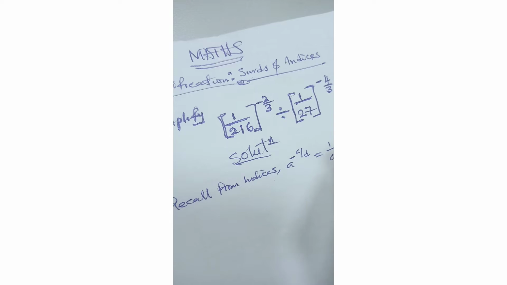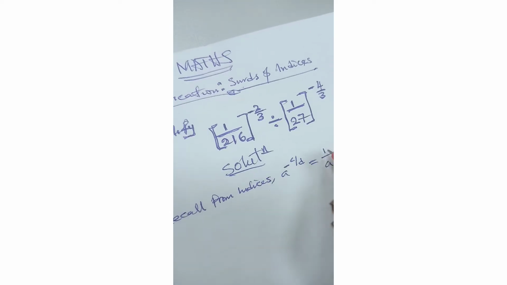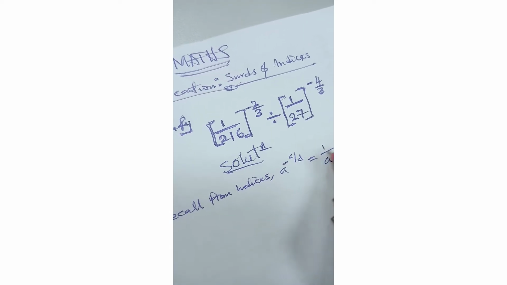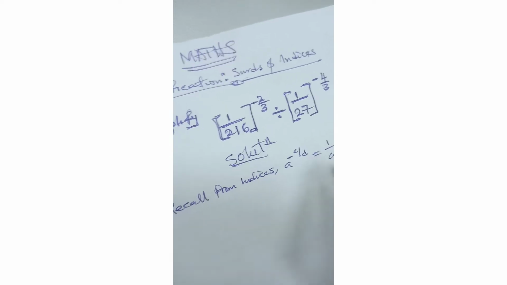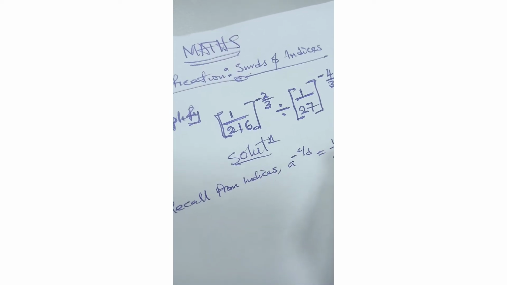That's a raised to power minus c over d equals 1 over a raised to power c over d.